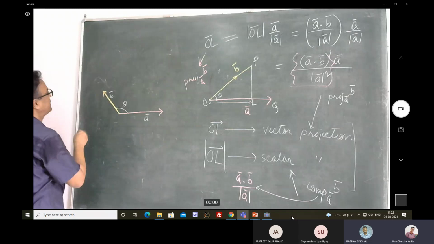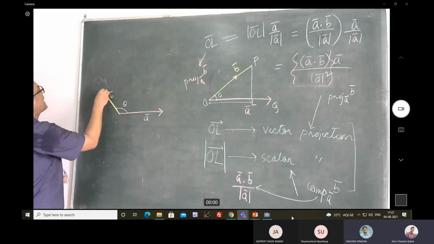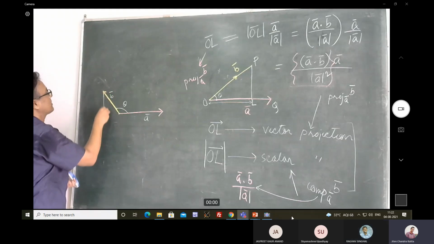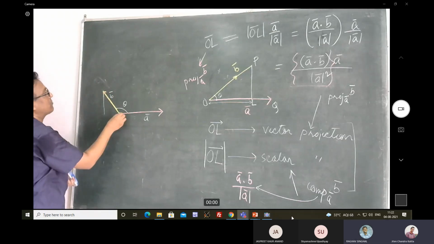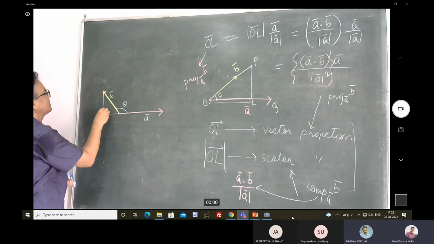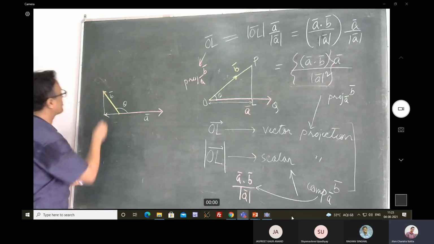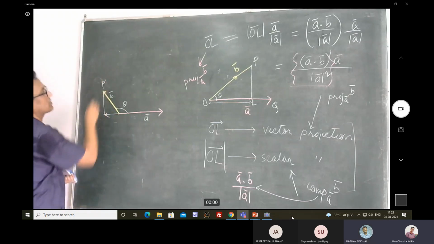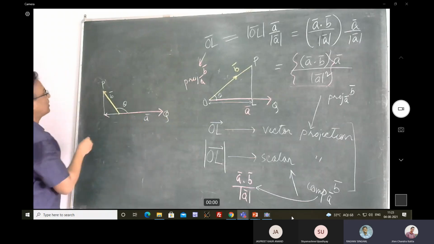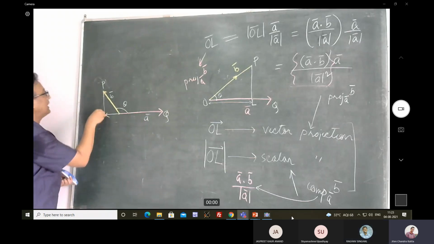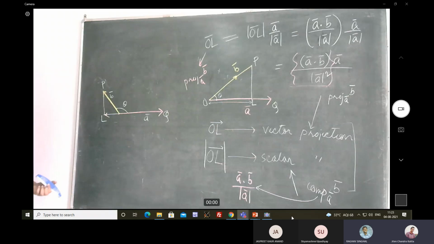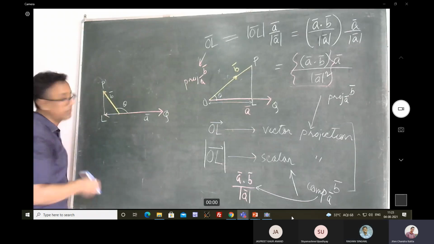So what you have to do then? Always remember, I am going to take a perpendicular from the terminal point of vector B. So it is going to be something like this. And then I am going to extend this in such a way that, say, this is A, this is Q, and L. So this is the way I'm going to do it.